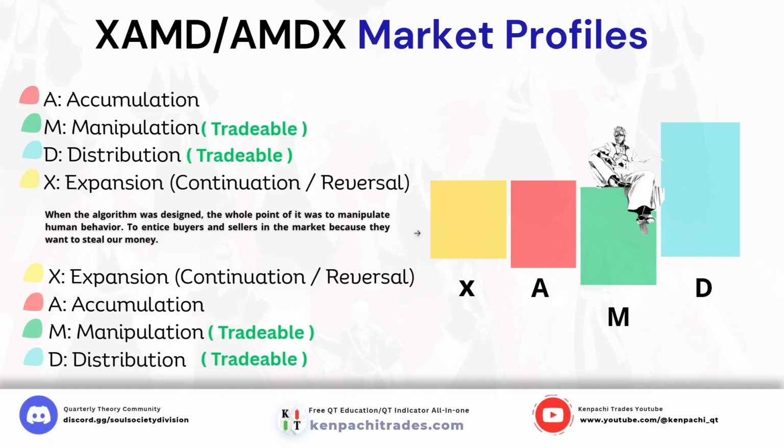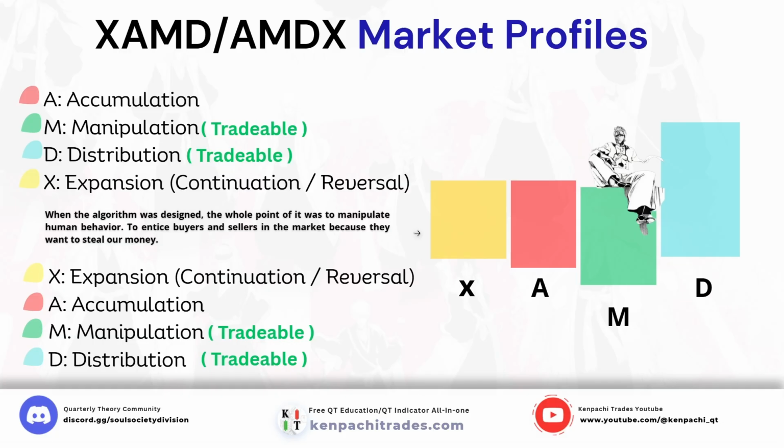A, Accumulation. This is where price consolidates in a tight range. Nothing exciting happens, and most traders get bored and either don't trade or make mistakes. M, Manipulation. This is a Judas swing. Price fakes out in one direction, takes out stops, grabs liquidity, and then reverses.